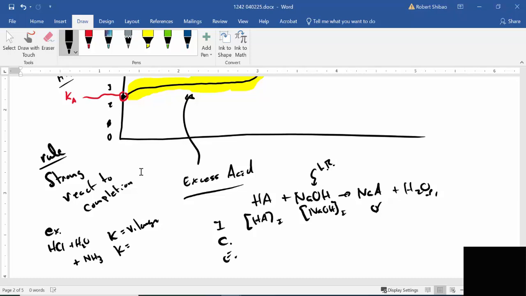The same? It turns out it's not the same. When you react it with a stronger base, it is more reactive. And so I'm going to call this K very, very large. It should be bigger than reacting with water.